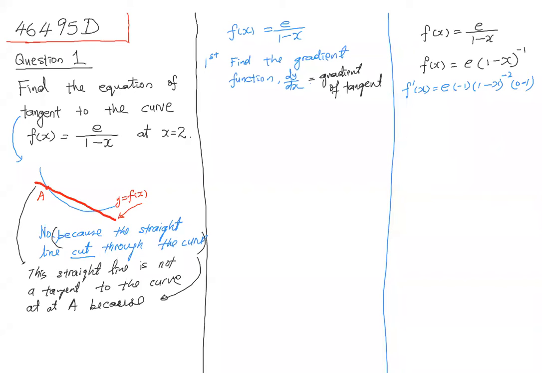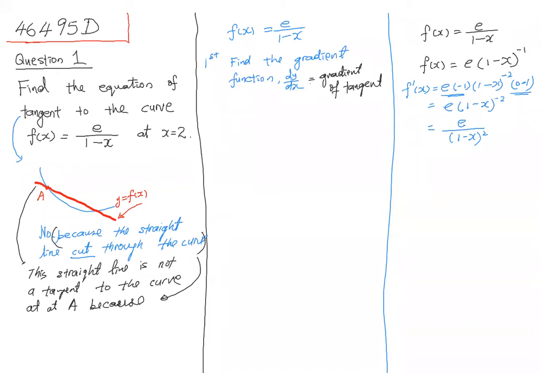So in all, this can be simplified. So this will be e times (1 minus x) to the power of negative 2. So it will be e over (1 minus x) squared. Are you okay? So that is the first step.